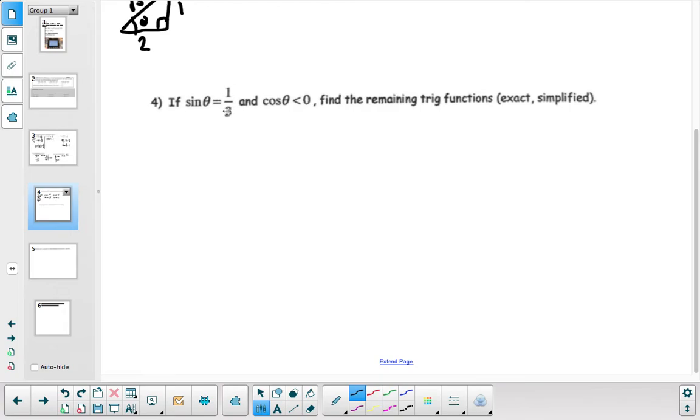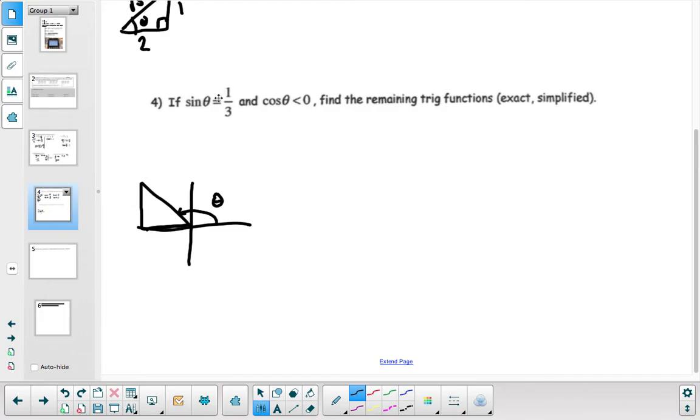All right, sine is 1/3. So again, opposite over hypotenuse, but it gives us this little hint here where cosine is negative. That means that we're working in quadrant 2. So we're working with this angle, theta. Now I'm still going to work with a right triangle because that's going to make things easiest.